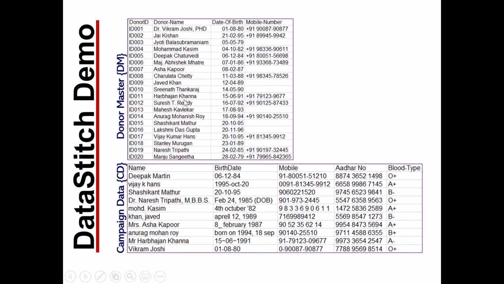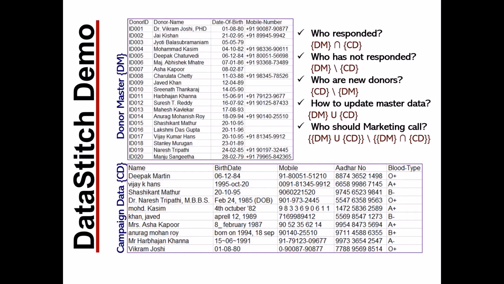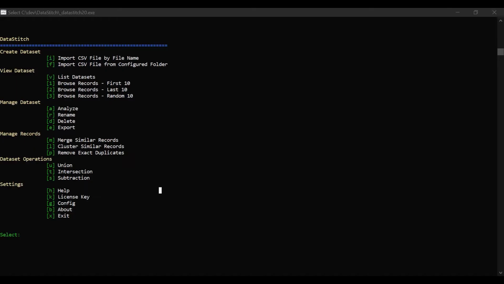There are certain questions that need to be answered from these two: who has responded, who has not responded, who are the new donors that have come in this drive, how do we update the master data, and so on. And we will demonstrate it using Dataset using these two data sets.